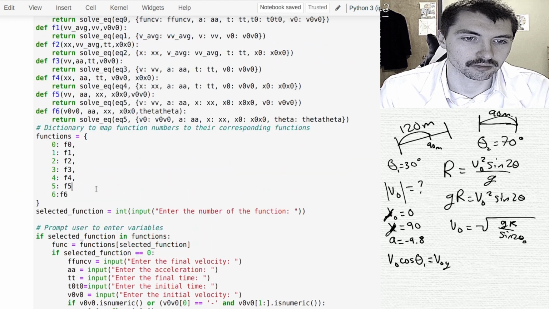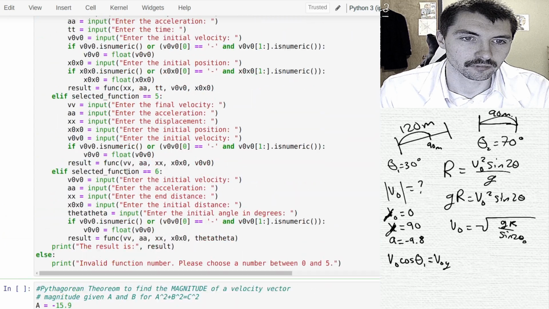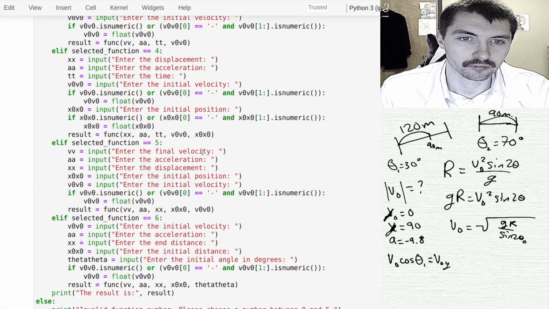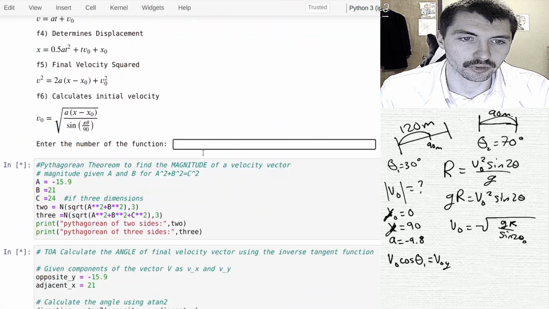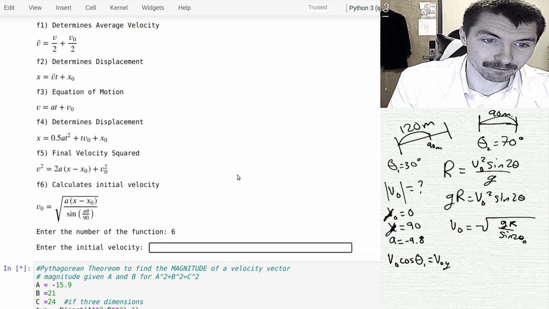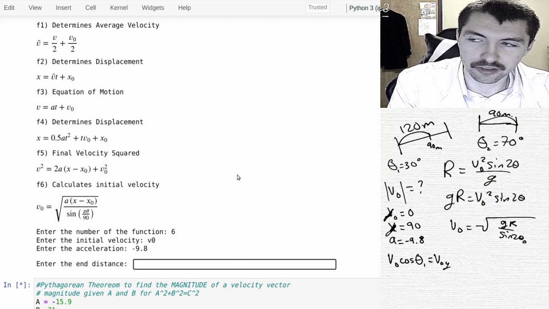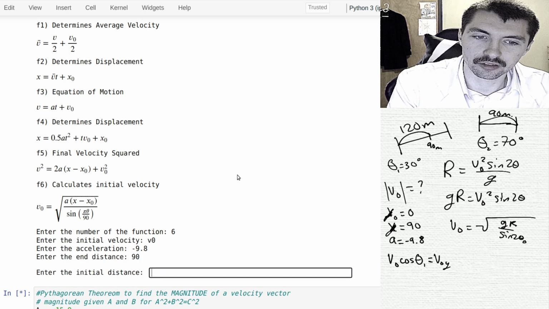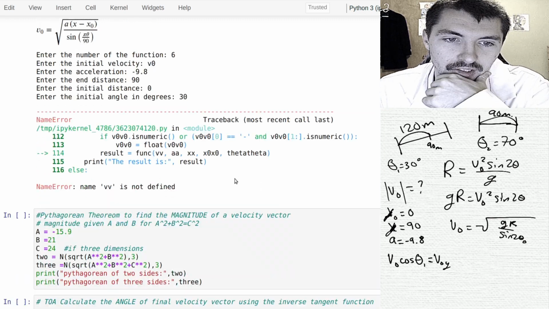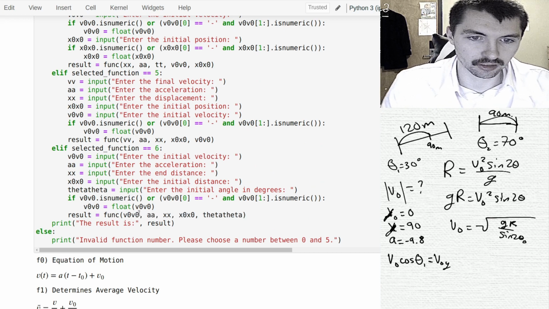I forgot a comma. Okay, I think it's working. All right, F6, initial velocity. That's what we're solving for. Negative 9.8, end distance 90, 0, and 30 degrees. Okay, V is not defined. We want V naught.